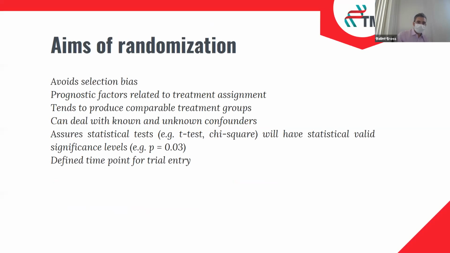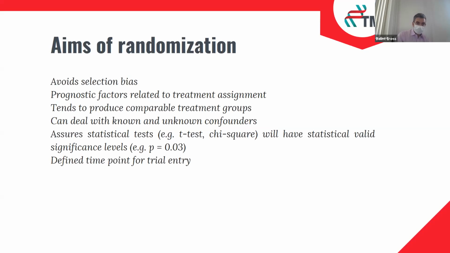Prognostic factors related to treatment assignment will be equal in both treatment arms. Randomization tends to produce comparable treatment groups. It means when you look at the characteristics of the study population table of an RCT, you should not be finding any significant differences in any characteristics between the participants of the two arms.